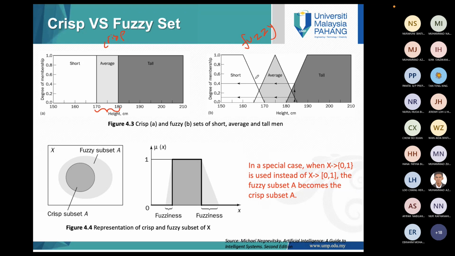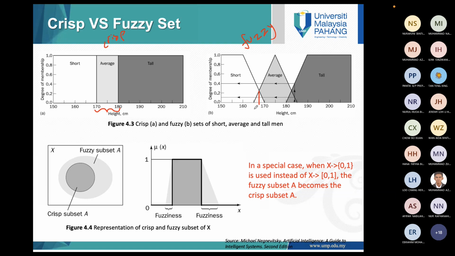And then for fuzzy, we have a different graph here. We have a trapezoid and a triangle graph.